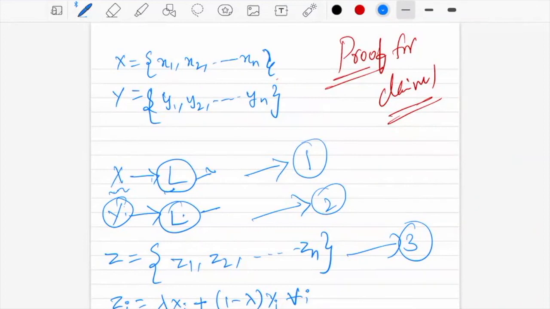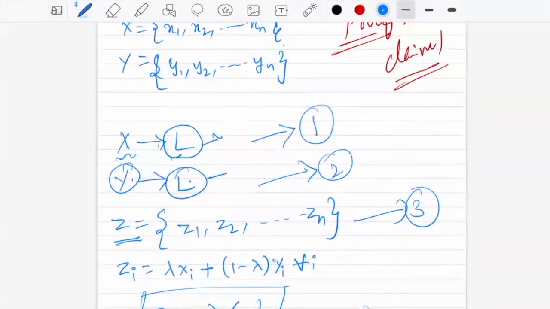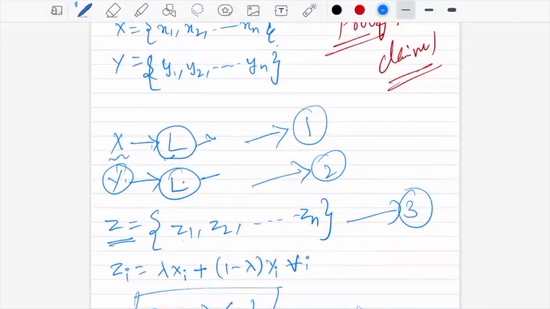So if we consider execution 3, for example, if we take z as execution 3, it has coordinates like z1, z2 till zn. So this is the straight line equation for any z of i coordinate.